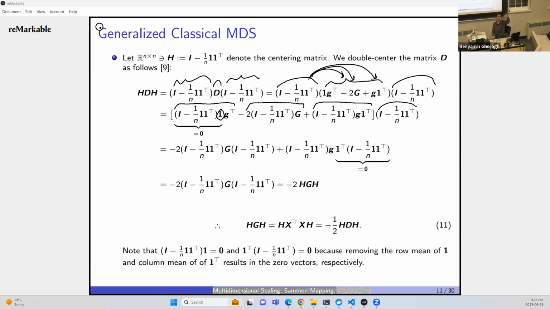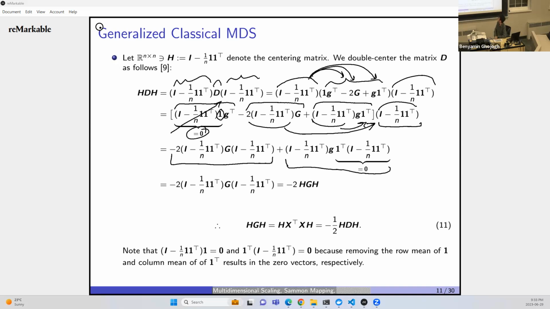When you left multiply by the centering matrix, it removes the means of the rows. When you have a vector of 1s and you remove its mean, it becomes the 0 vector. So this term goes away completely. So we have this term and this term, because I multiply them by the last side.